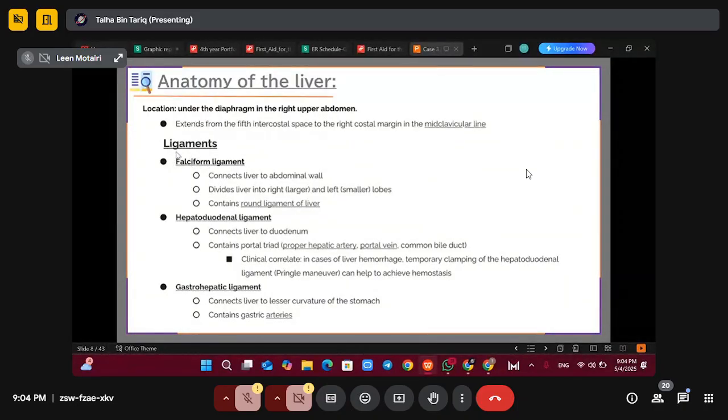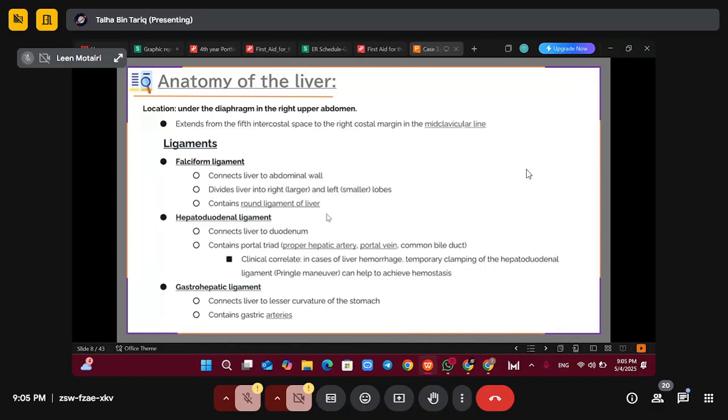From an anatomical point of view, you know that it's dividing the liver into two parts, not two halves, because the right lobe is the larger one, and the left contains the round ligament of the liver. This is the importance of the falciform ligament, and very important is that it's connecting the liver to the anterior abdominal wall. That's how the liver is attached to the abdominal wall with the help of the falciform ligament.